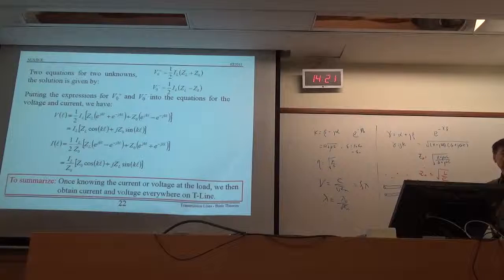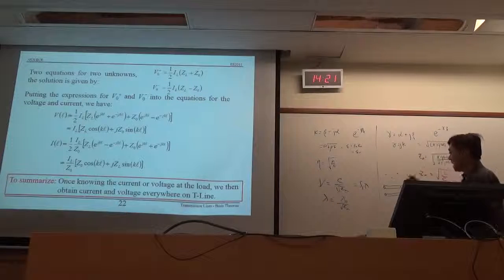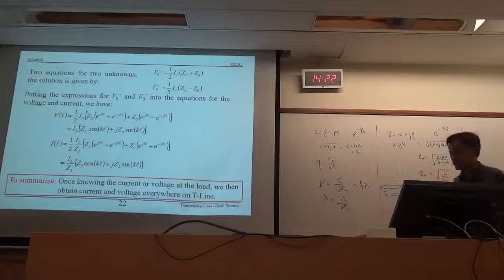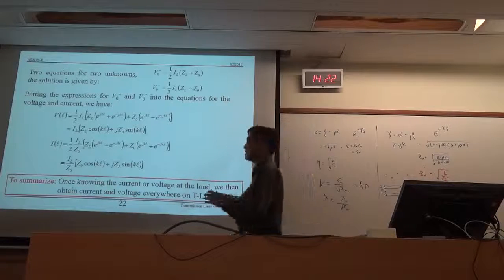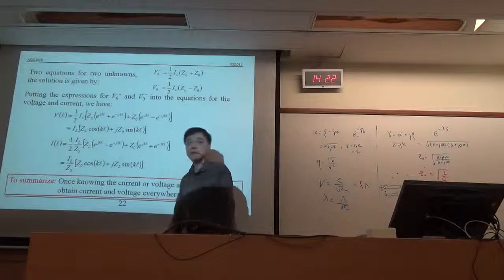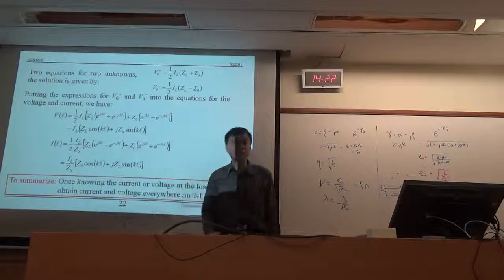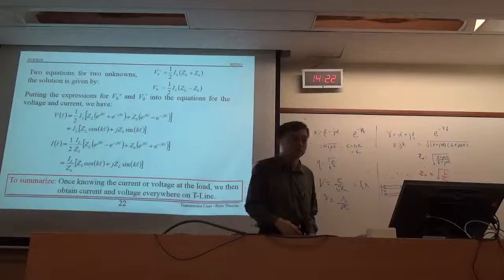Either IL and ZL, or ZL and VL, or IL and VL, they are all related. Once I know that, I can know the voltage and current at any point along the transmission line. This equation and this equation you must know as well. We'll summarize it later on for you.